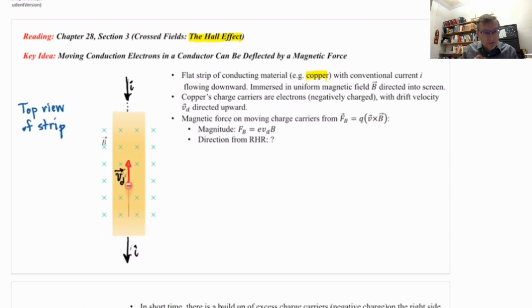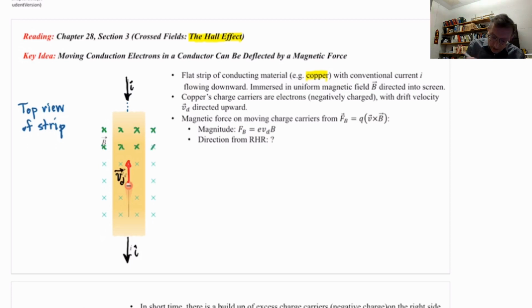Now we have also immersed this copper strip in a nice uniform magnetic field, perhaps because we put it near a magnet of some kind, either an electromagnet or a permanent magnet. And this picture assumes that this nice uniform magnetic field is directed down into the screen. And the way they represent that in the diagram is by drawing this series of equally spaced X's throughout this region, like so.